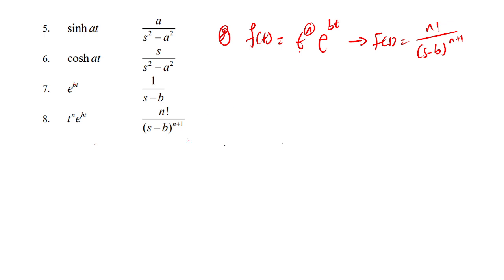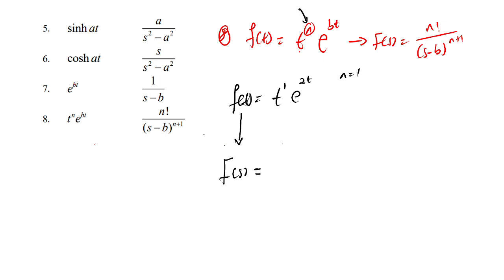Okay, cool. Let's say maybe you are given a function f of t is equal to t e to the exponent 2t, ne? And you're required to take the Laplace of this. The Laplace of f of t will be F of s, which is equal to, now we need to identify n. What is n? n is the exponent of t, and we can see that n is 1. n is equal to 1.